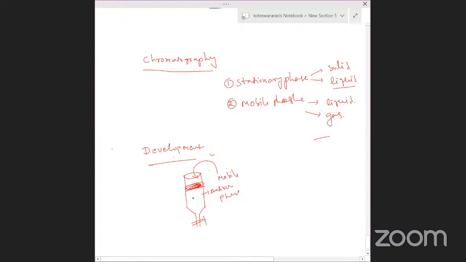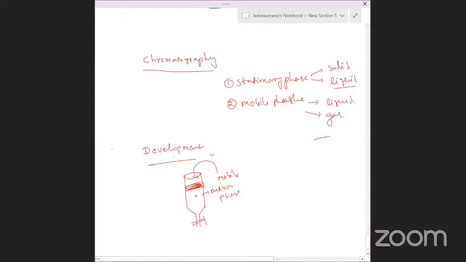Whenever we add the mobile phase, it moves through the sample mixture and through the stationary phase. Once the mobile phase interacts with the sample mixture, it dissolves the sample, which then travels along with the mobile phase and reaches the stationary phase, where it gets adsorbed.